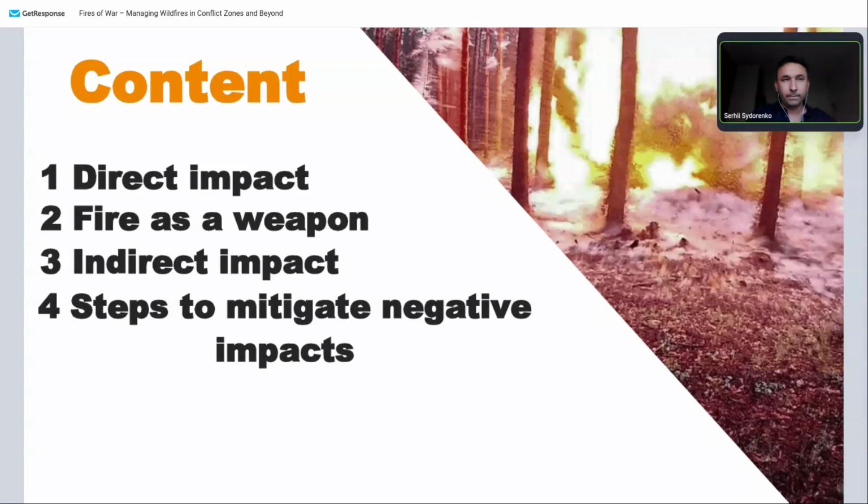So it is not directly impacted, but impacted through a proxy of other factors. And at the end of the presentation, we also talk a little bit about management and the steps to mitigate negative impacts and reduce those risks.